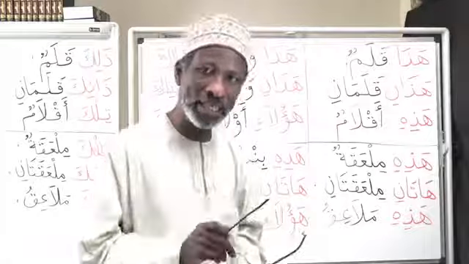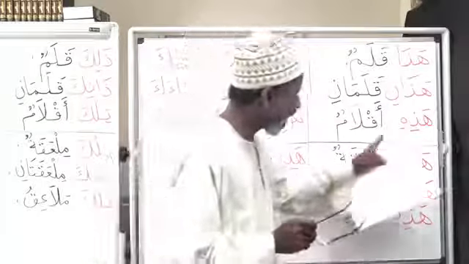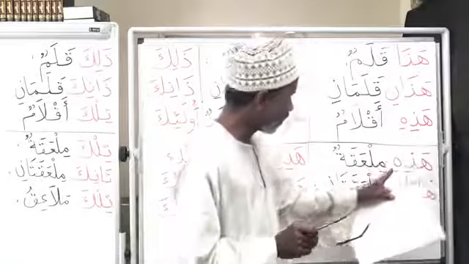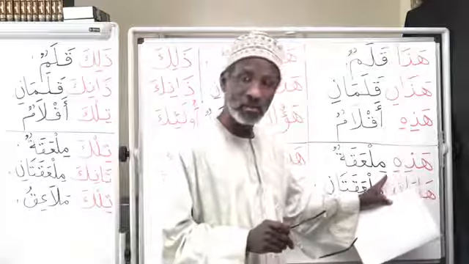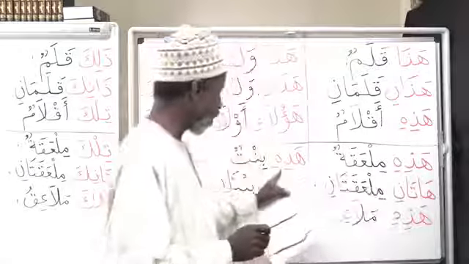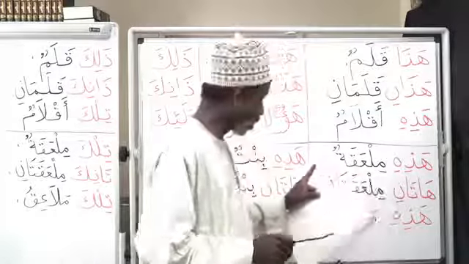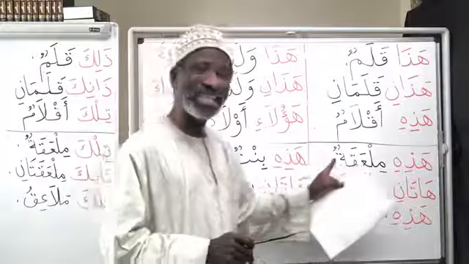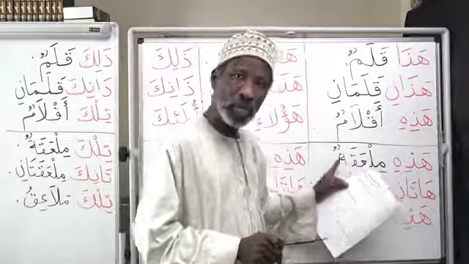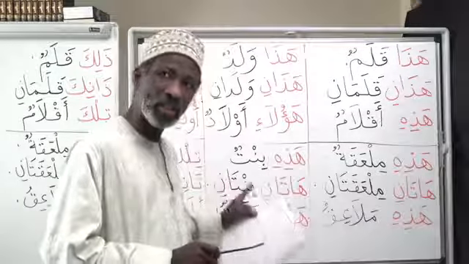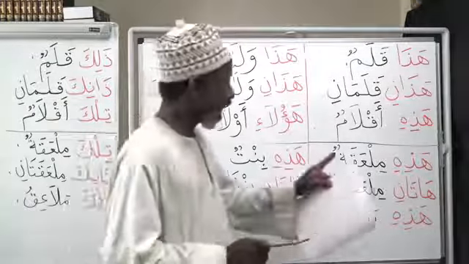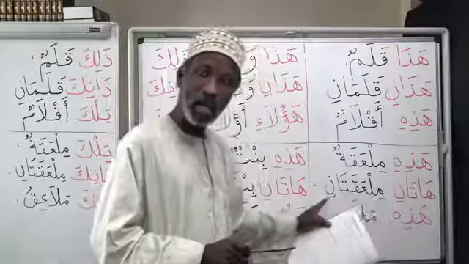Let's illustrate that. هذه is for feminine singular, both for object or human being. هذه ملعقة. This is a spoon. هذه بنت. This is a girl. هاتان ملعقتان.